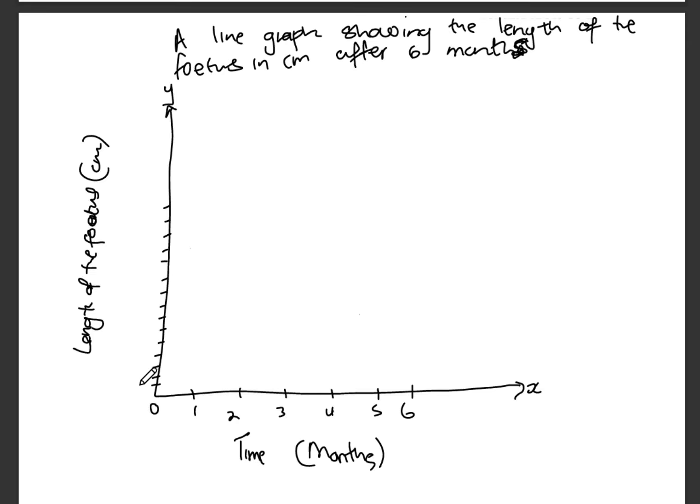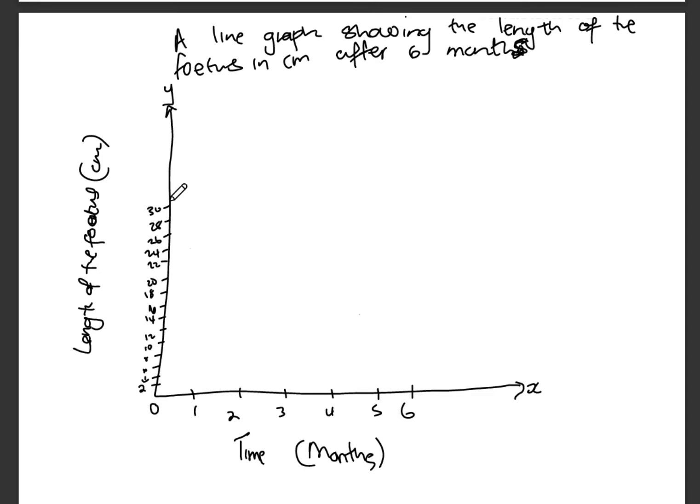Then I'm going to label 2, 4, 6, up to 30. I would also make sure that the spaces are big enough. In my graph, the spaces are not big enough, which makes plotting a bit tricky. Make sure spaces are big enough, especially because we now have that 0.5 and 7.5.